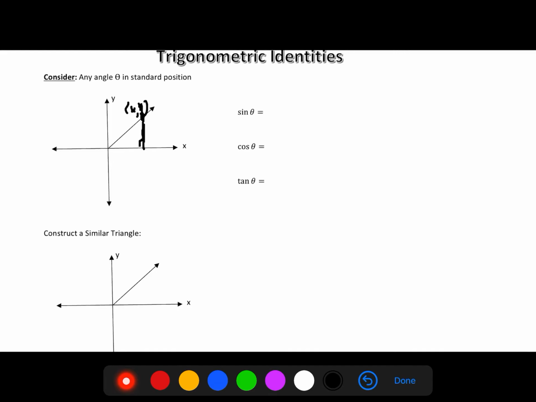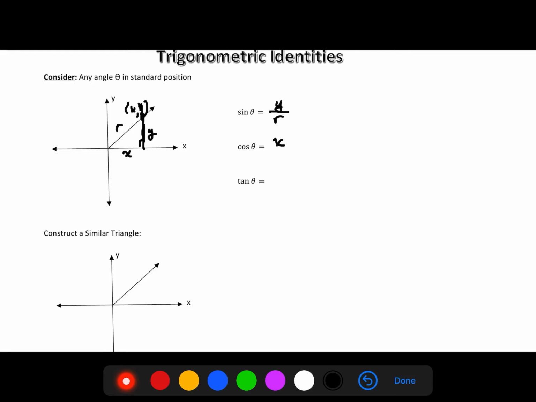So trig identities, remember if we talk about an angle in standard position. An angle in standard position gives us our xy point and creates a right angle triangle with our x-axis with x and y.